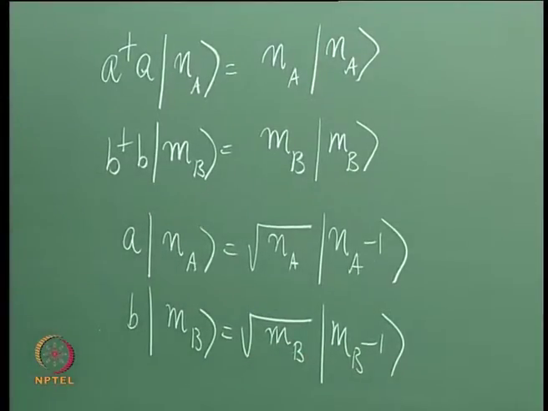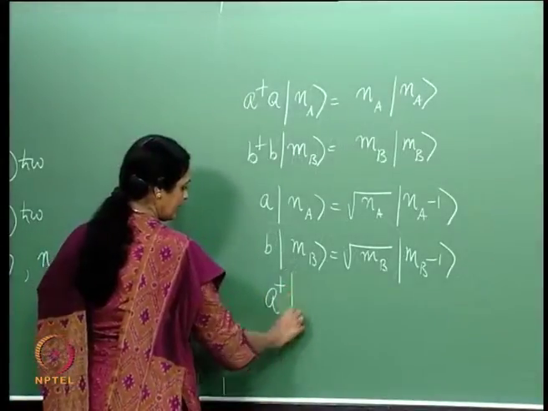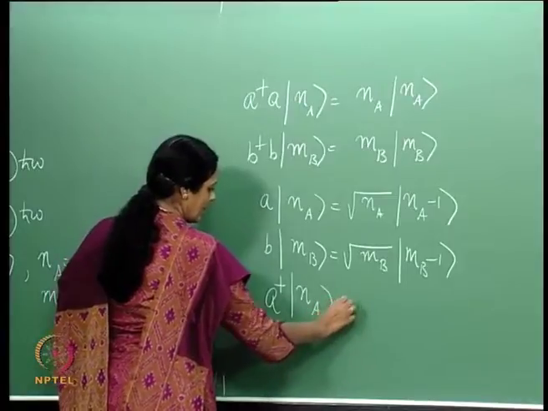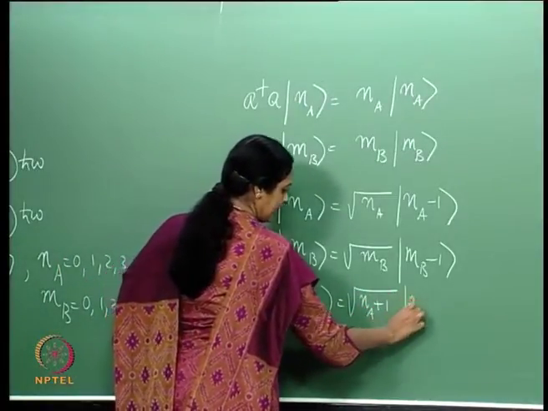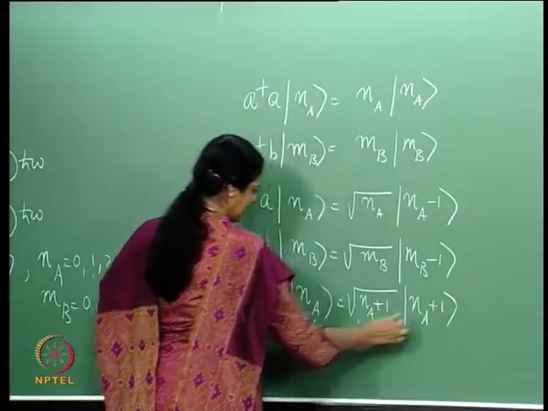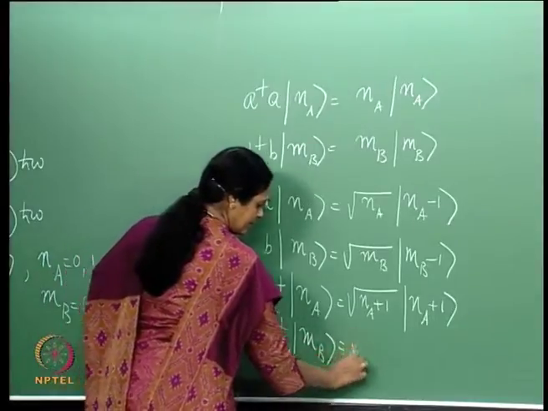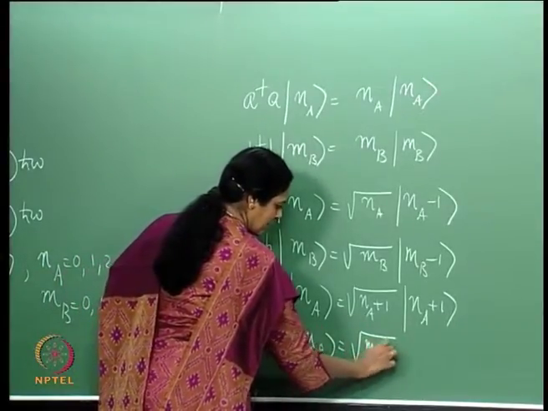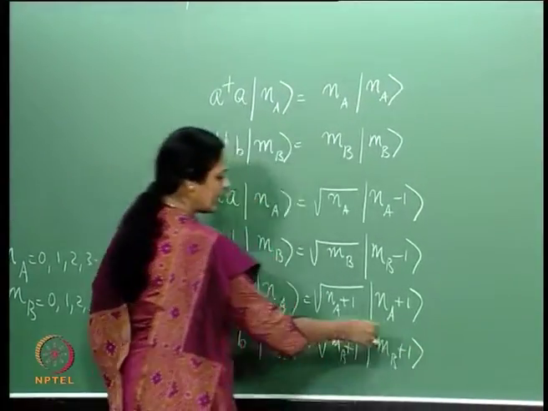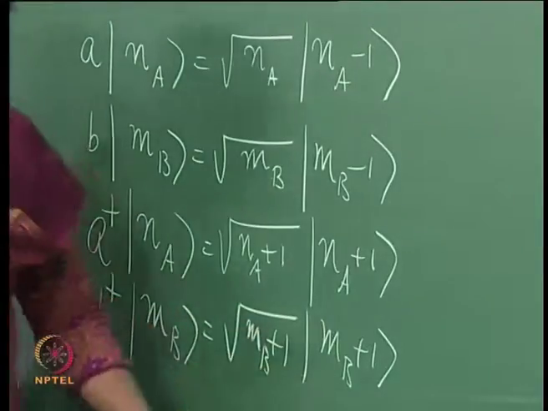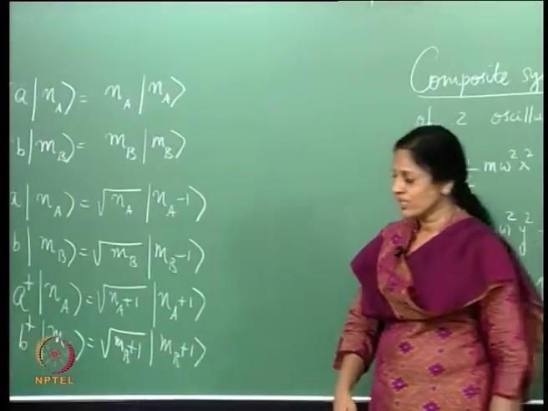The corresponding raising operators are a dagger and b dagger, so that I have the following equations, and b dagger acting on m sub B gives me root of m sub B plus 1 with a higher energy state whose label is m sub B plus 1. So, this is what I have by way of equations.